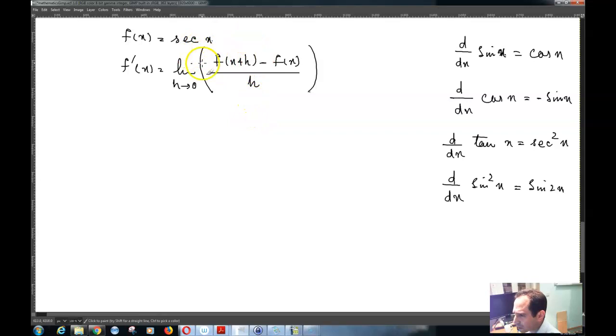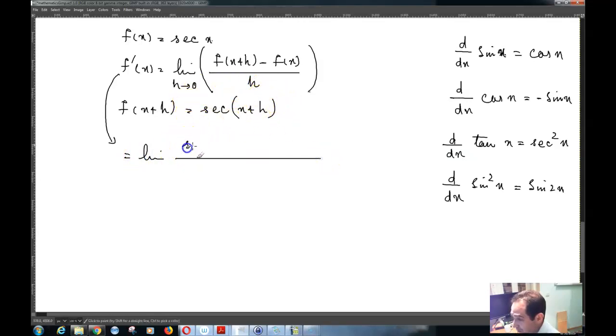So f of x plus h in this case is equal to secant of x plus h, and so this becomes the limit of secant of x plus h minus secant x over h as h tends to 0.